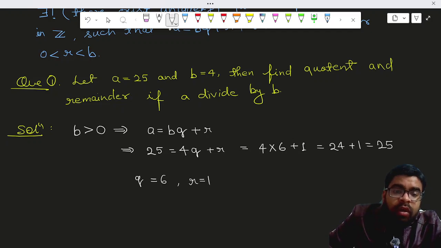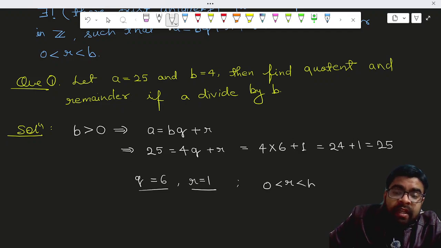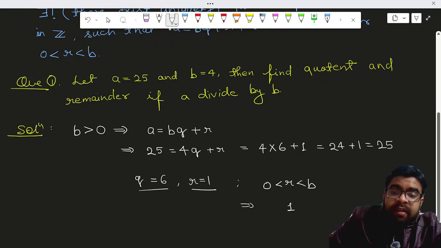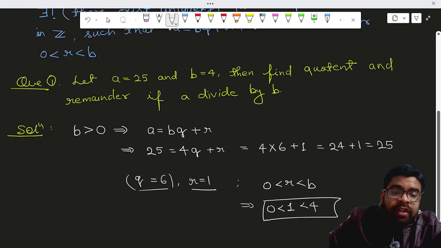So our quotient will be 6 and remainder will be r, where r is definitely greater than 0 and less than b, and we can say that 1 is greater than 0 and less than 4. So in this way we can find our quotient and remainder with the help of division algorithm.